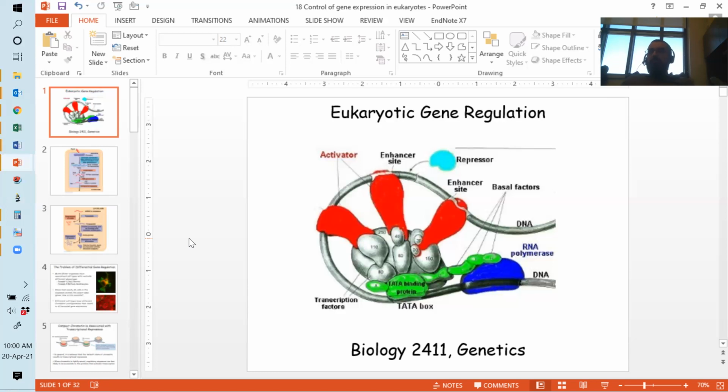The polypeptide. Nope, that's translation. What gets added to the 3' end of the transcript? What protects the 3' end? Oh, the poly A tail. Correct. And the poly A binding proteins.